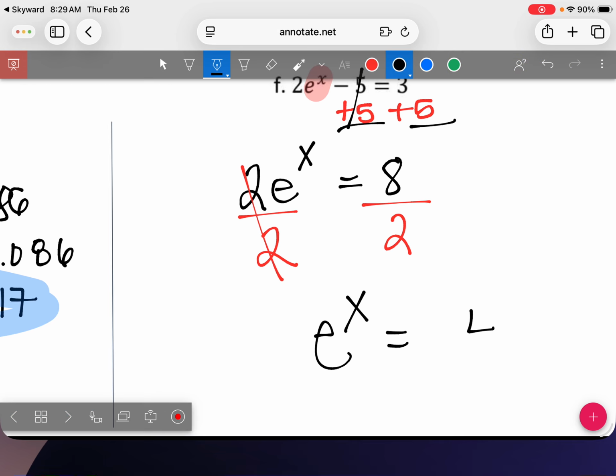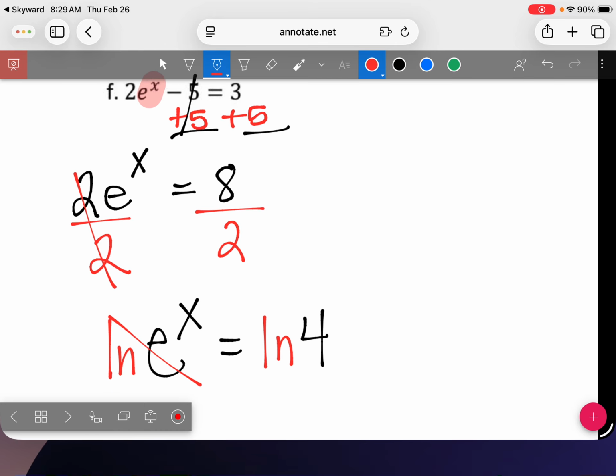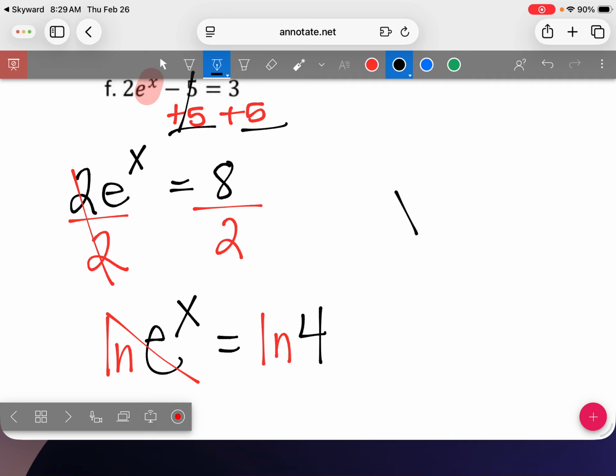Now you can put in your ln. So you get x equals the natural log of 4. Go ahead and type that in your calculator. So that would be 1.386.